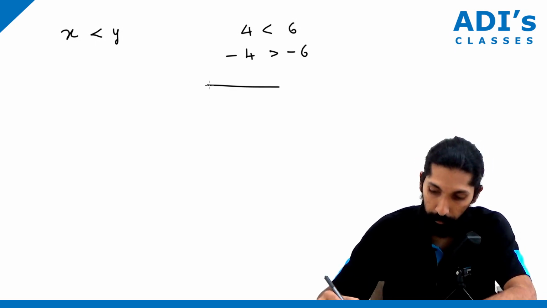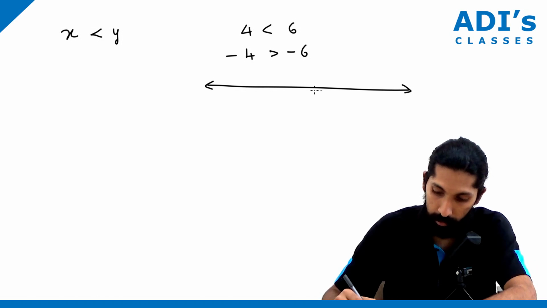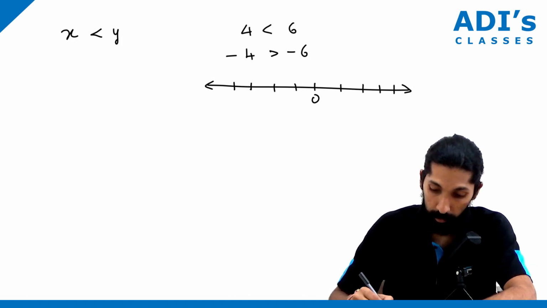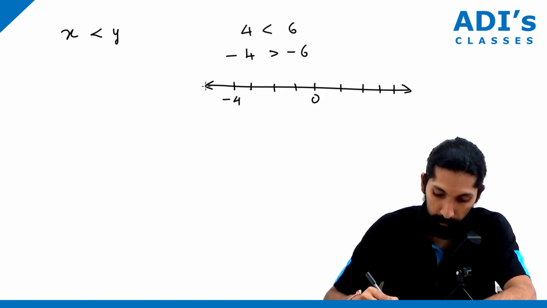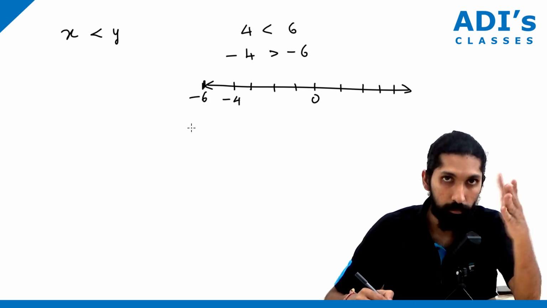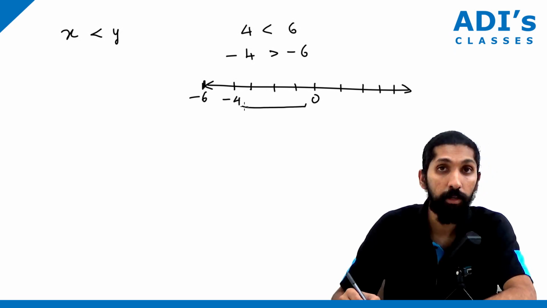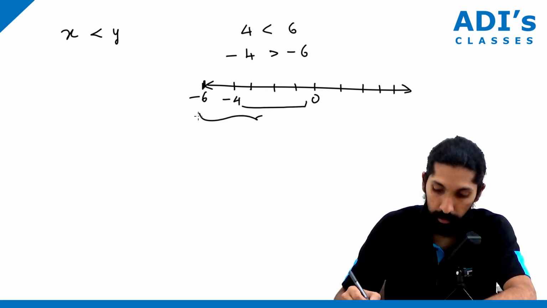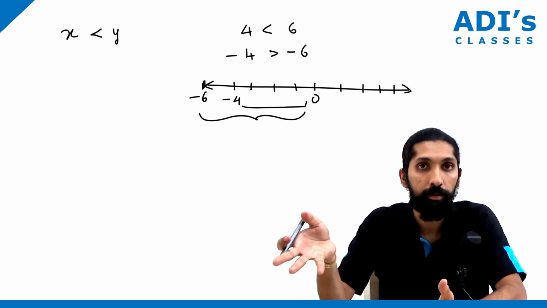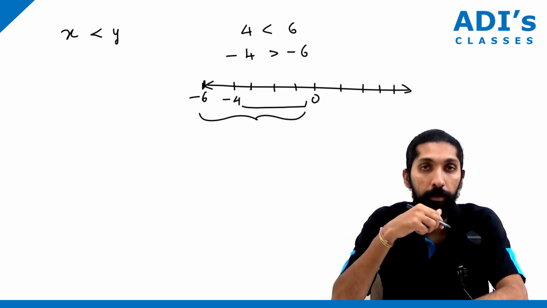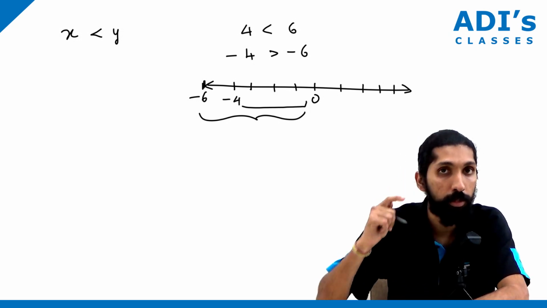Because if you look at the number line, this is 0, 1, 2, 3, 4, minus 1, minus 2, minus 3, minus 4. Correct? This is minus 4. So minus 6 comes somewhere over here, correct? On the other side. Minus 4 is closer to 0 compared to that of minus 6. So obviously minus 4 is greater. So when you multiply or divide by a negative number, the inequality will reverse.